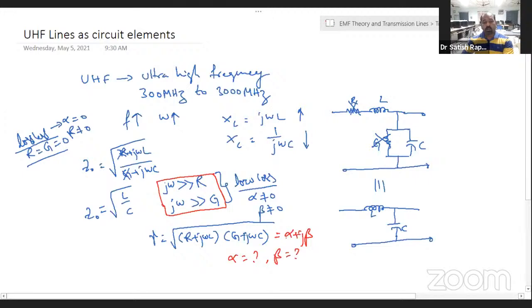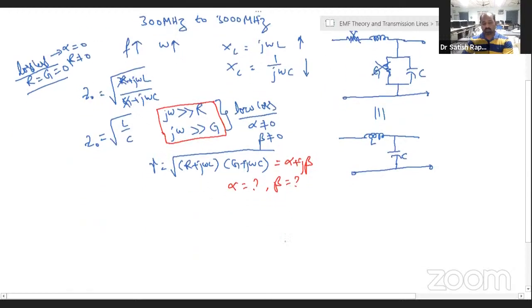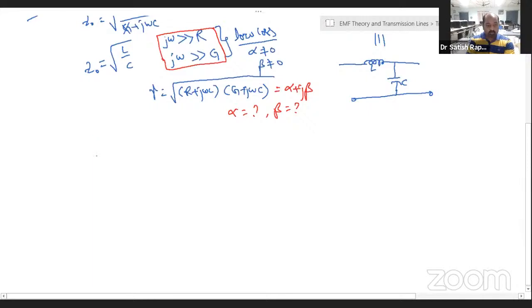Now, UHF lines as circuit elements. Earlier we discussed short circuited transmission lines and open circuited transmission lines, and we determined the input impedance, characteristic impedance, reflection coefficient, voltage standing wave ratio, and input impedance.